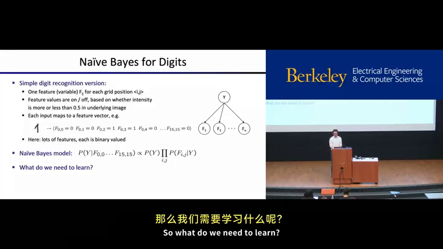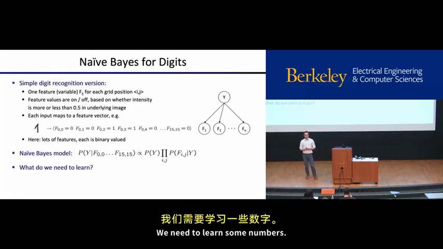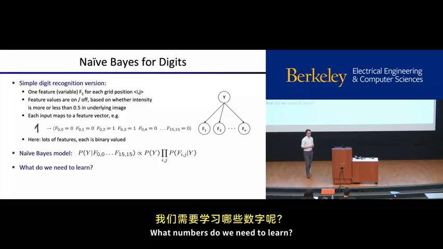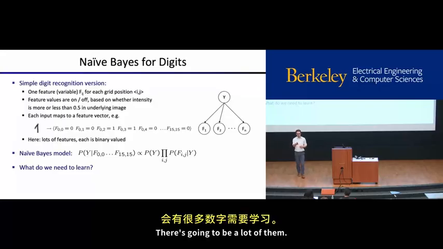Okay, so what do we need to learn in this Bayes net? We need to learn some numbers. What numbers do we need to learn? There's going to be a lot of them.